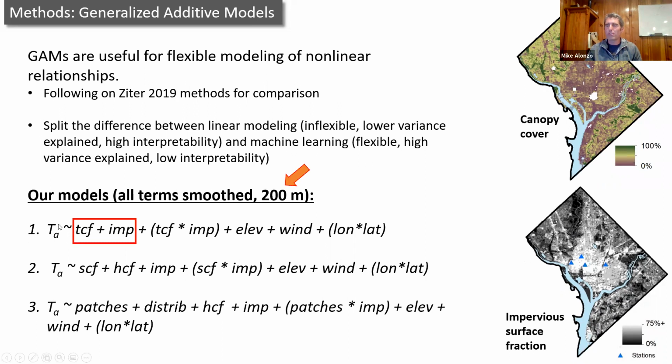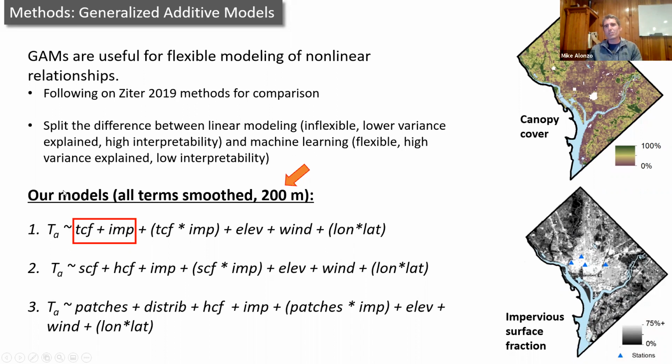So if you look over at number 1, you've got temperature anomaly as a function of tree canopy fraction plus impervious surface fraction, the interaction of those two things with each other, and then some other things we found to be generally important, but not a focus of this paper: elevation, wind speed and direction, and then spatial coordinates. So the key thing here is the stuff that'll show up in these boxes.